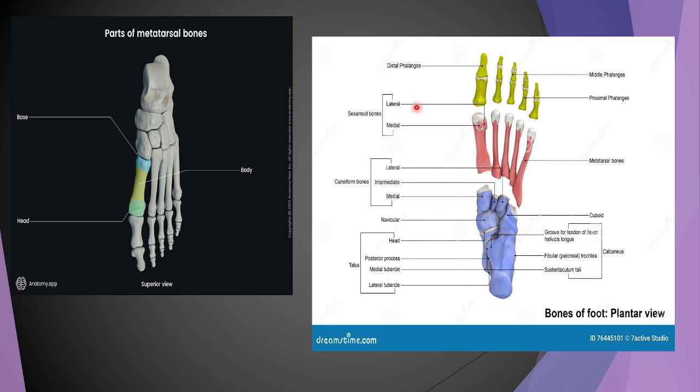Next, here is a picture. First, before moving on, we have to know the structures. Here is the foot structure. Here is the first metatarsal of the big toe. In the first metatarsal, here is the base, the middle one is the body, and this one is the head, which is connected to the phalanges.